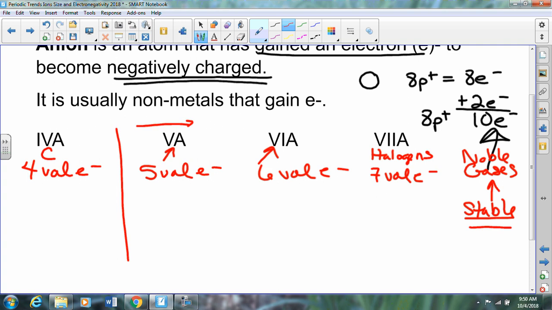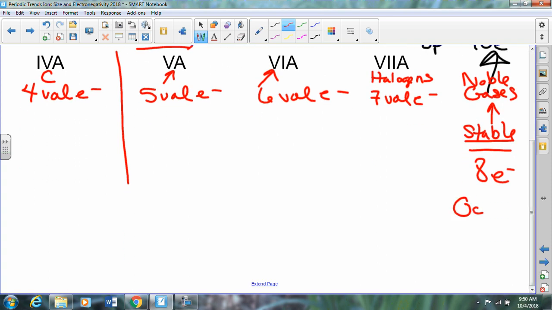The nonmetals, because they have 5, but they want to get to 8, they want to get to the octet, they want to be stable, they're all going to gain. In the case of the halogens, they're going to gain 1 electron. In the case of oxygen and things underneath it in its group, they're going to gain 2 electrons.